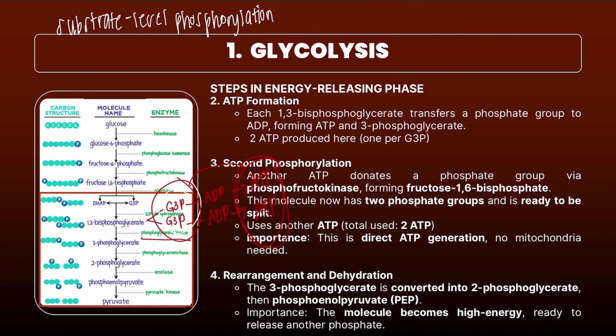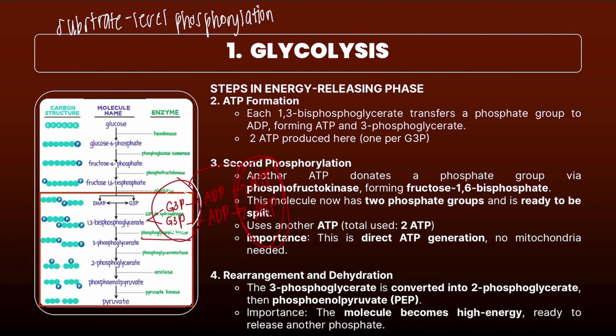After that, the enzyme enolase will remove a water molecule from the 2-phosphoglycerate. Again, it is a dehydration process because we remove a water molecule.